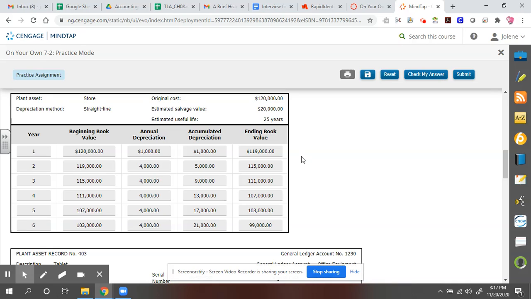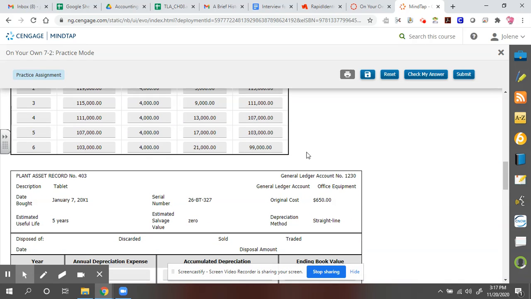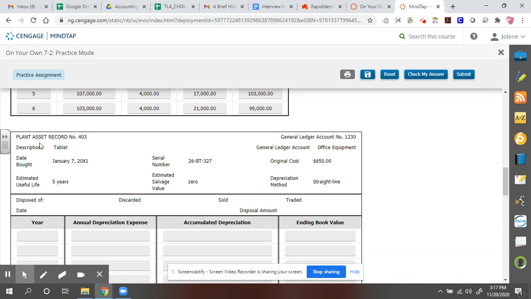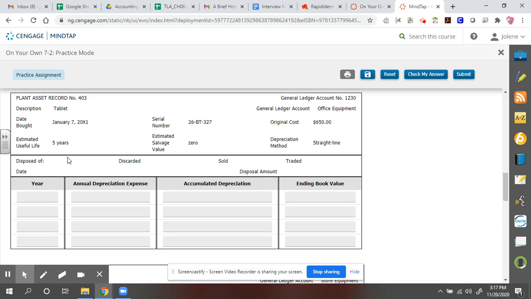Okay, I'll give you a minute to get that. Now we have the plant asset record for the tablet.